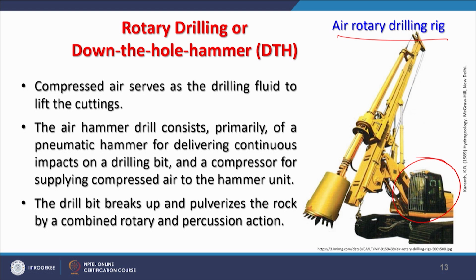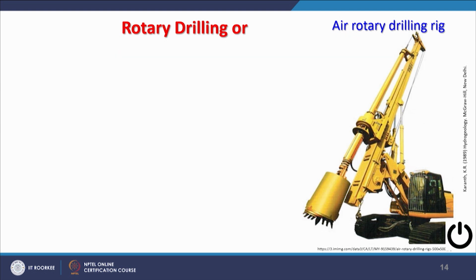And the air which is sent through this compressor for running the drill bit also brings the material to the surface. The drill bit breaks up and pulverizes the rocks. It generally makes a powder of the rock. Pulverize here means combined rotatory and percussion actions. That means it hits like a hammer and also rotates, a combined action.